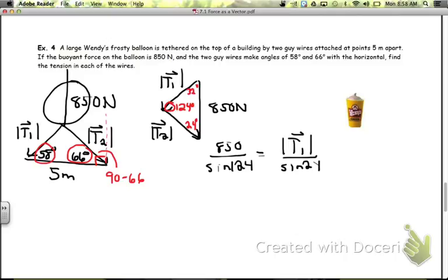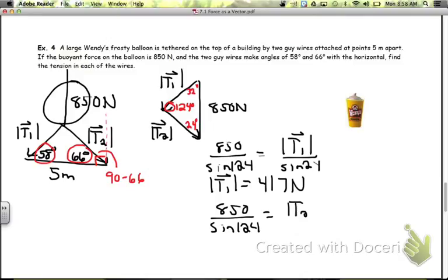I cross multiply and do the sine, and I get that my tension 1 exerts a force of 417 newtons. Similarly, to find my tension 2, 850 over sine 124 is equal to my tension 2 over sine 32. So my tension 2 exerts a force of 543 newtons respectively.